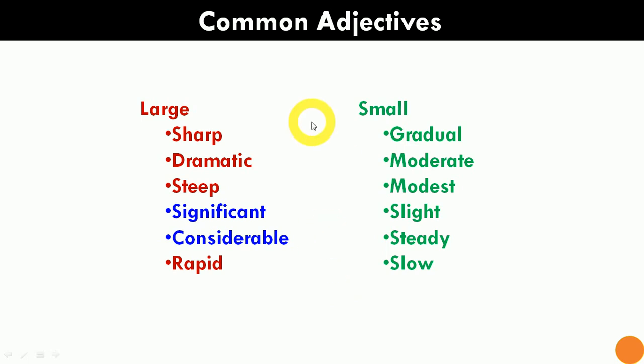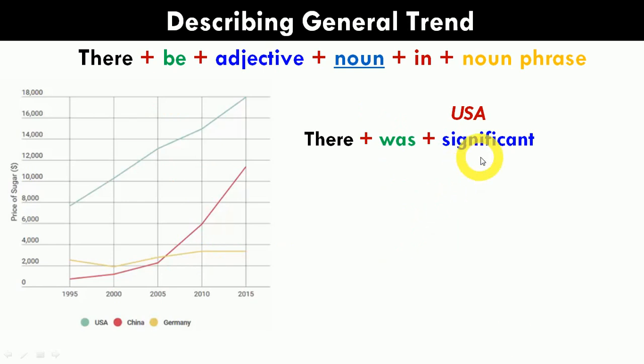If we see the difference between the first point and last point, the amount of change is not even sharp, not even very slow. Whenever we are confused, remember, we can use these two words: significant or considerable. Let's choose any one of these. I have used significant.